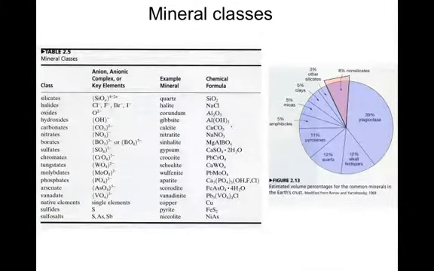So I've been talking about silicate minerals for the most part, and that's one class of minerals. That's making up 92% of the Earth's crust. The other 8% is comprised of non-silicate minerals, and those include minerals like halite that are part of the halides, oxide minerals, hydroxides, carbonates, borates, sulfates, phosphates.